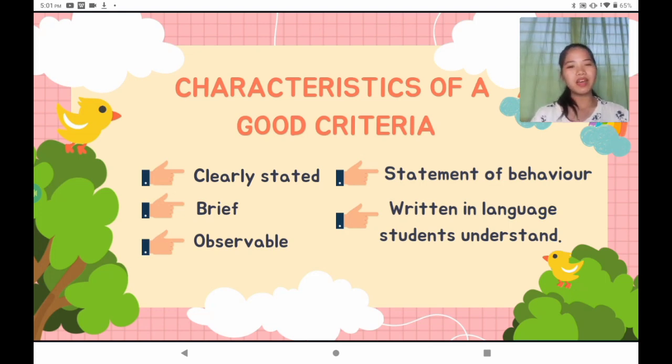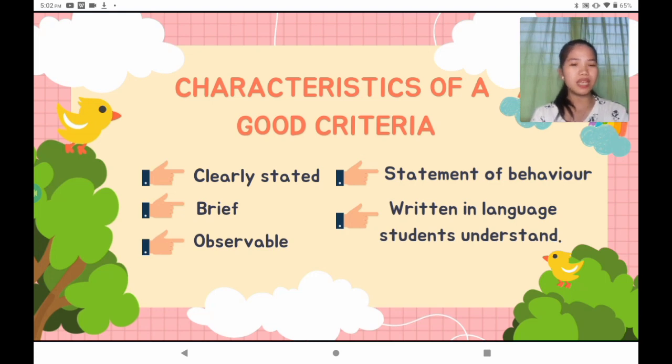And the last one is that a good criteria must be written in language which students could understand, of course. So, in crafting a criteria, the language you employ should be understandable sa mga estudyante. Kaya nga naman, the criteria is for the students.